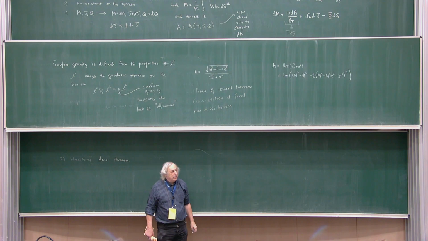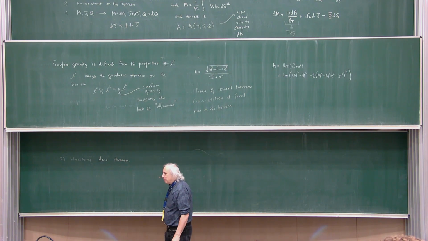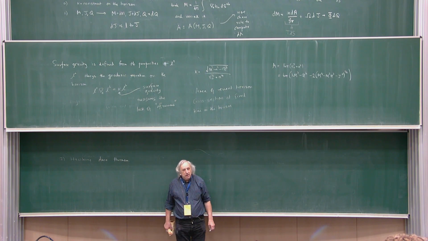Crudely put, it says that if you throw something into a black hole, the area increases. The assumption is that the thing that you have thrown in has positive energy.